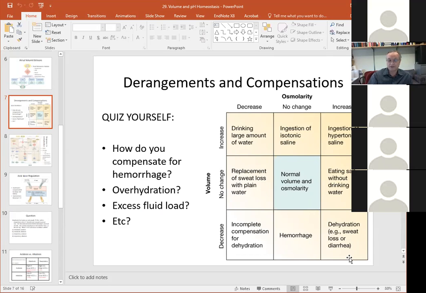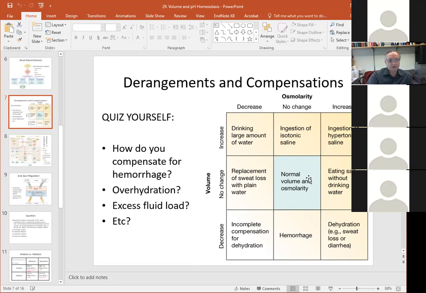So sweat is typically hyposmotic, hypotonic, and that results in an increase in osmolarity of the blood. You've reabsorbed the sodium from the sweat, not the water, so you've got excess sodium in the blood. But at the same time, you've gotten rid of water, so your volume has decreased. So you've gotten dehydrated. Maybe you've run, say, 15 or 20 miles, and you've gotten dehydrated.